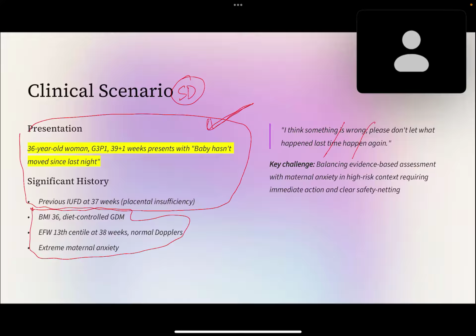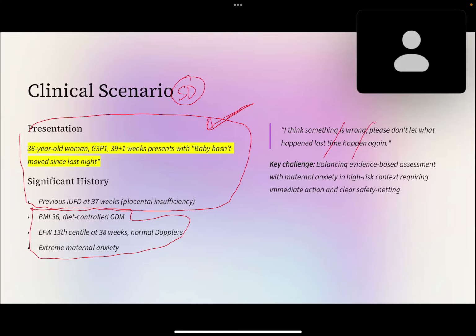So I will start my case by asking the demographic information like the name, age, confirming the parity, and also the gestational age according to her last menstrual period date. Then I'll dig more about the complaint that she had about the fetal movements.